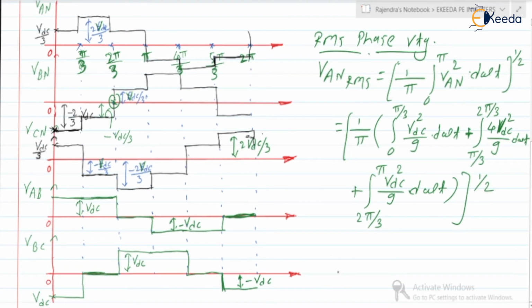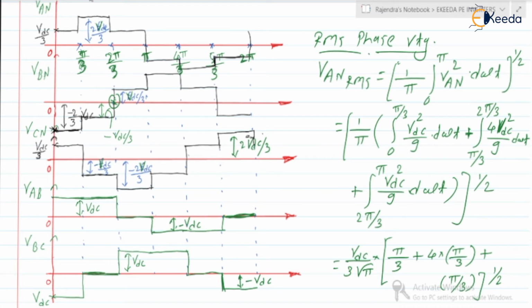Taking VDC square by 9 and the pi outside, it is VDC by 3 root pi into (pi by 3 plus 4 times pi by 3 plus pi by 3) to the power 1 by 2, after putting the limits.